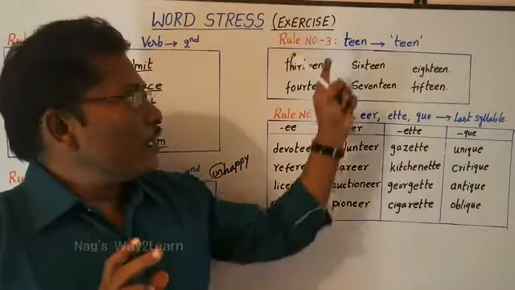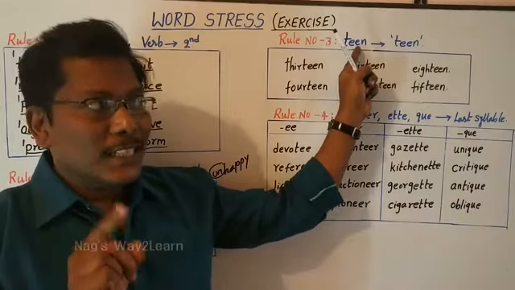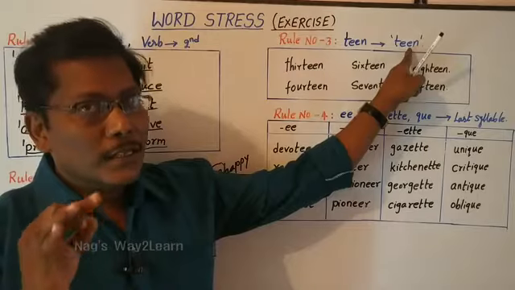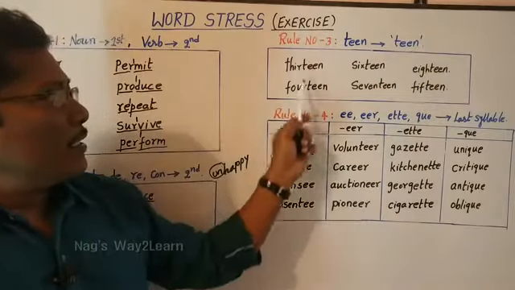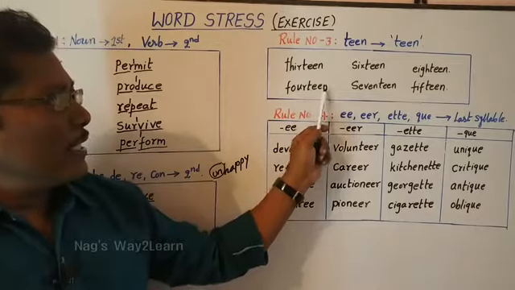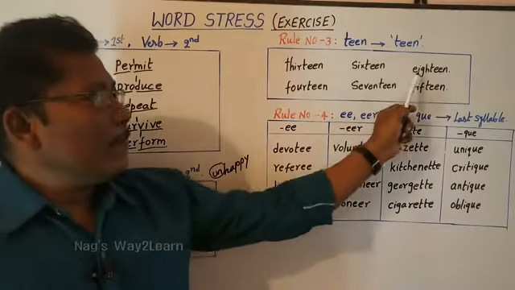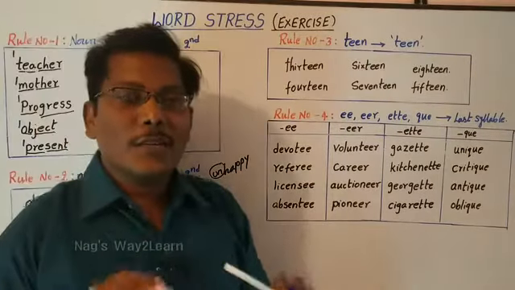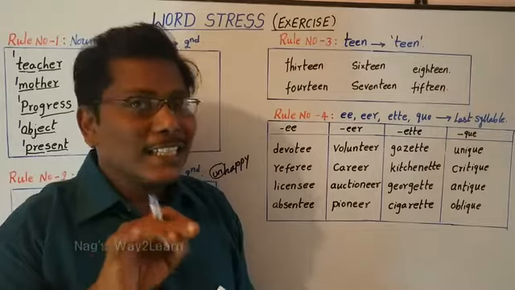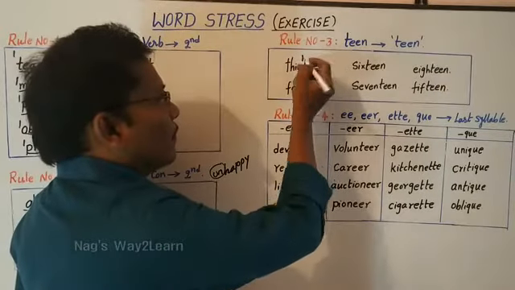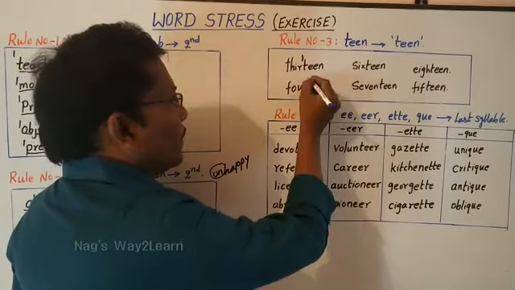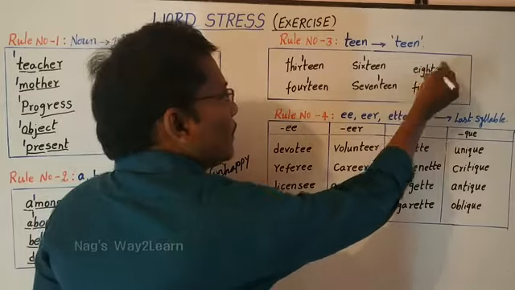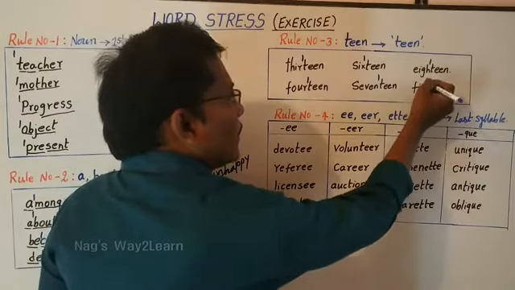For example, you see these numbers: 13, 14, 16, 17, 18, 15. For this kind of words, the stress will be on the syllable teen, like that.